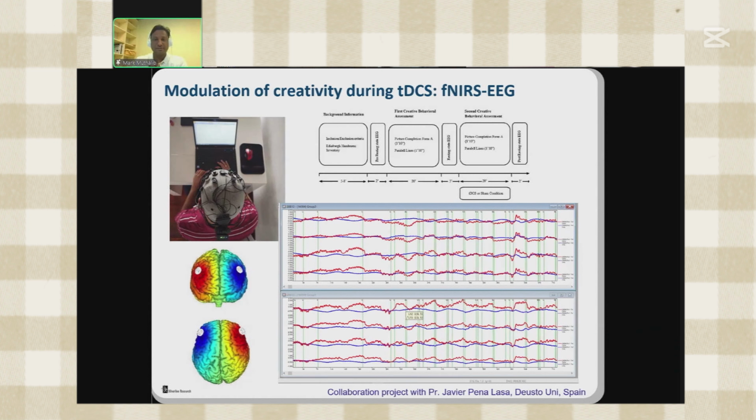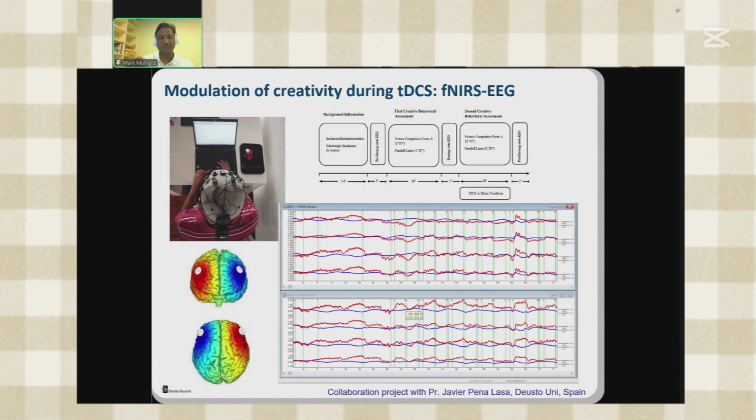So the benefit, maybe I haven't explained clearly, the benefit of the NIRS is that it's not affected by the electrical currents that would affect the EEG, for example. So NIRS is an optical signal, so the light traversing through the tissue is not affected by the electric field.